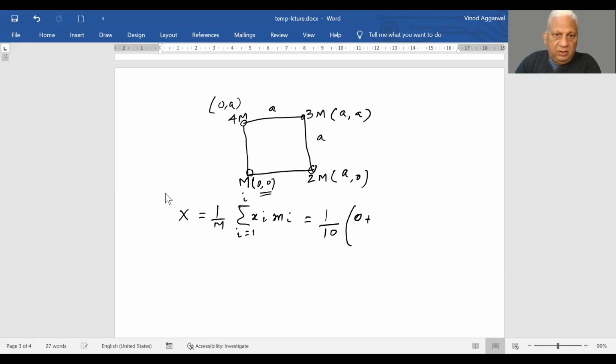If you take the distance from the y-axis, this will be 0. The distance of this from the y-axis is a, with mass 2m.